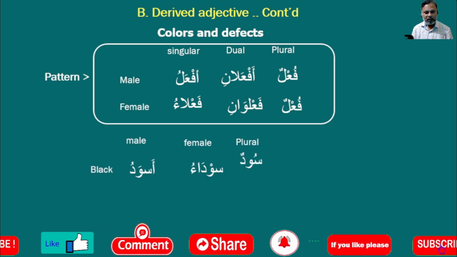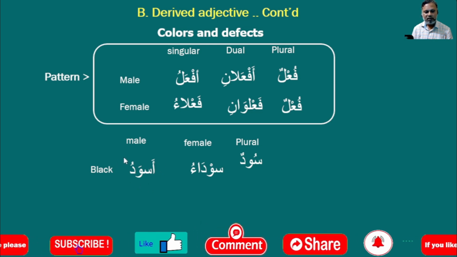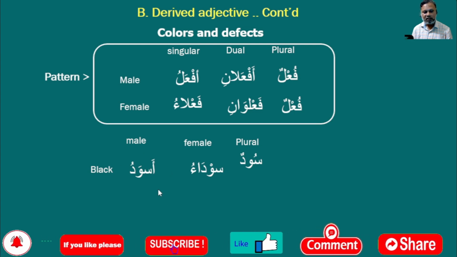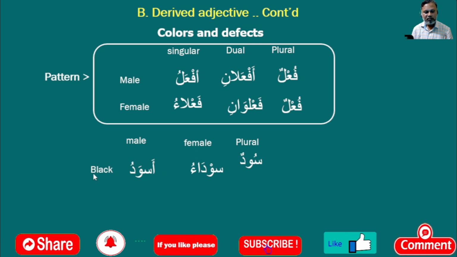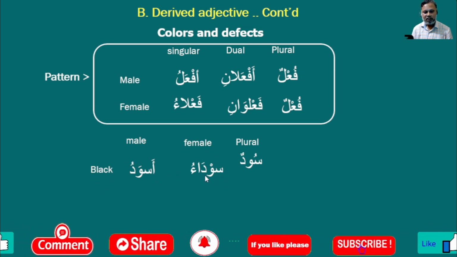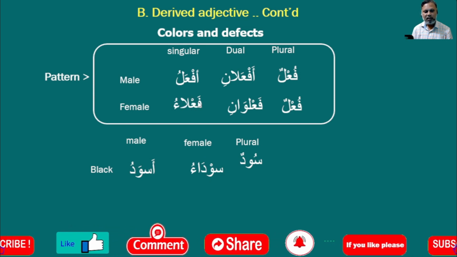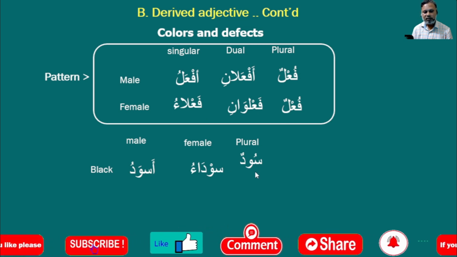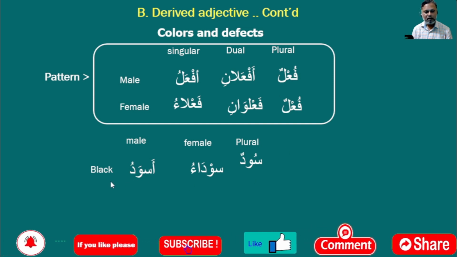For example, the black for male is aswadu. The Hajar al-Aswad, the black stone in Makkah. You may have heard the name. Aswadu means black. And the female is sawda'u. This is the formula, fa'la'u, sawda'u. And plural is sudun.